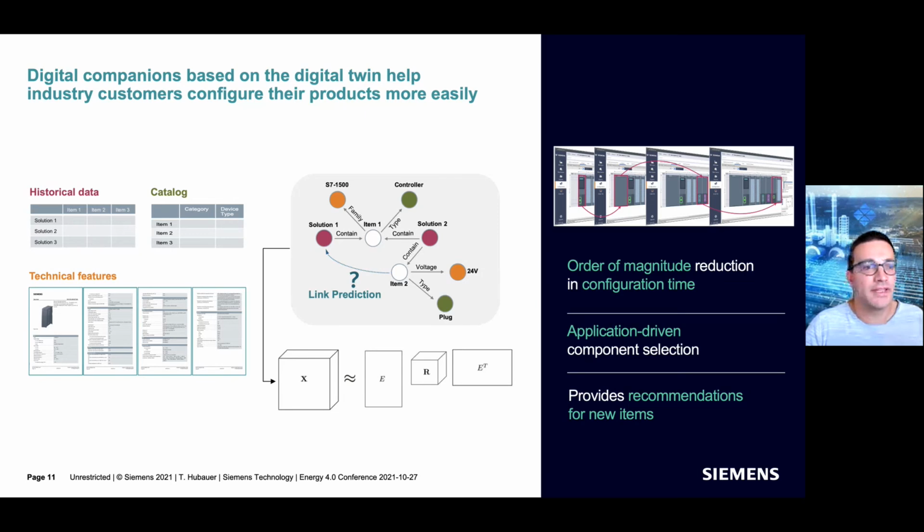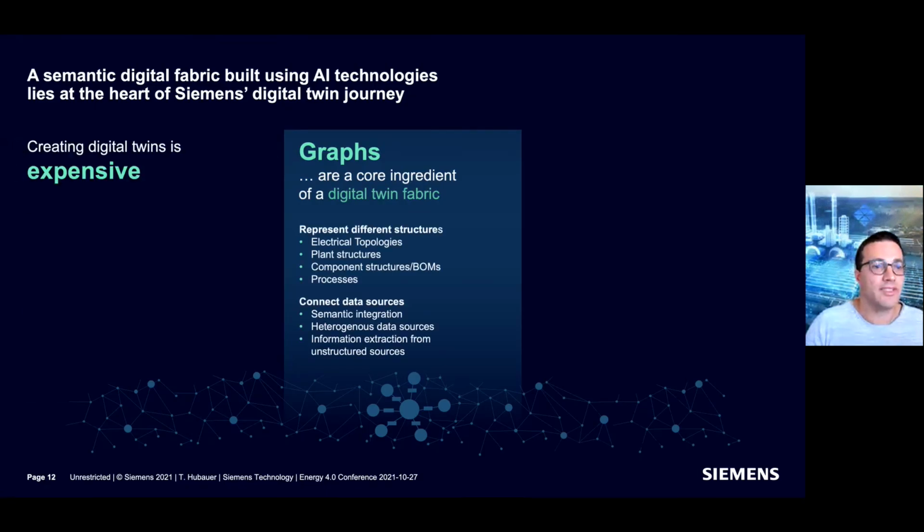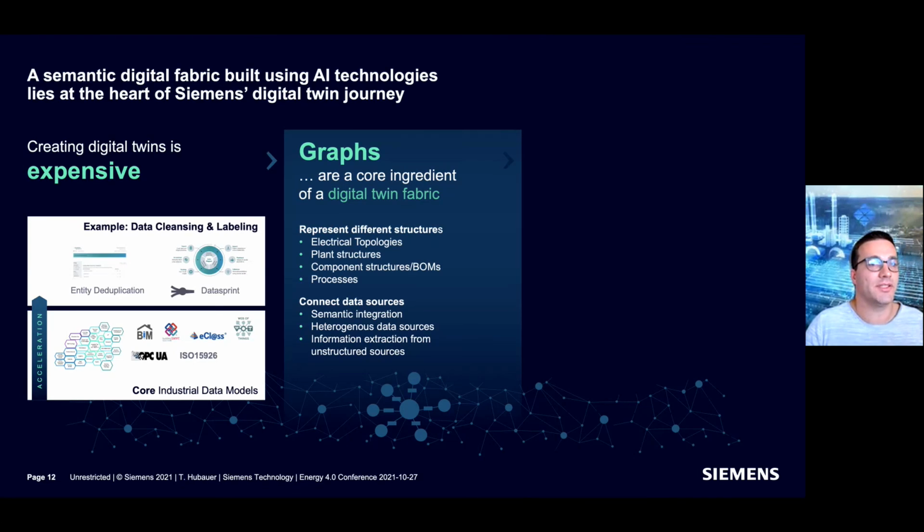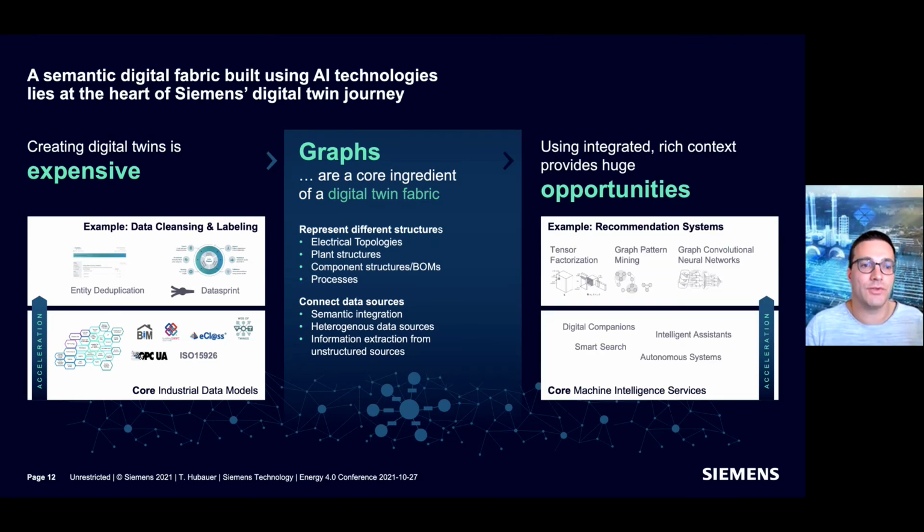So to close, for us at Siemens, we've realized creating digital twins is highly expensive. I've shown you what we call data cleansing as one example. We have different technologies to tackle this using industrial data models, collections of ontologies, and so on. And for us, graphs are a core ingredient where we bring together all this information in what we call the digital twin fabric.